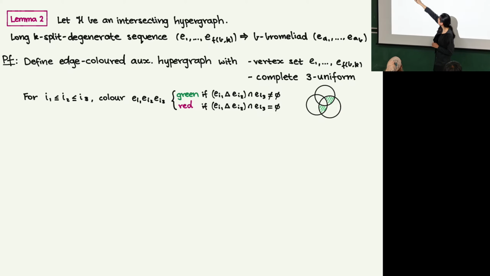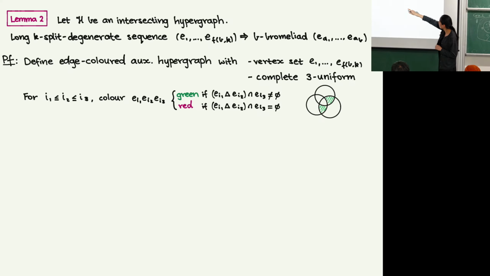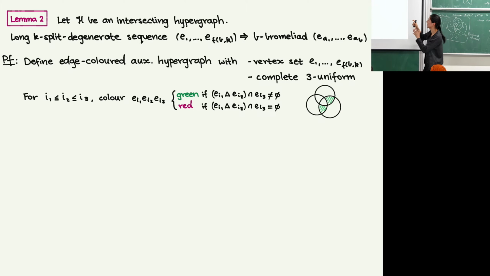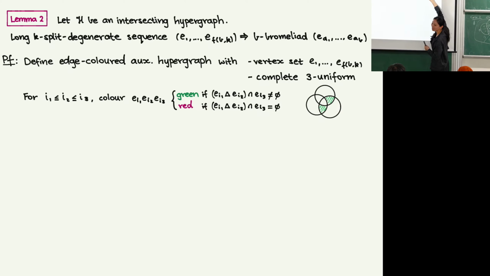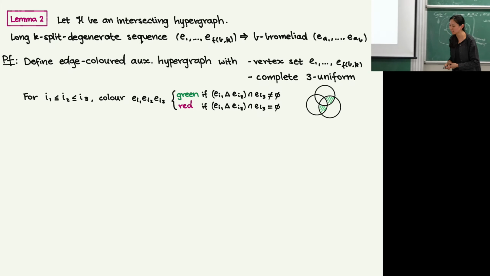If I have I1, I2, and I3 in this order, I'm going to color EI1, EI2, and EI3 green if EI1 symmetric difference EI2 intersect EI3 is non-empty. What that actually means is, if I take this as EI1, I2, I3, this is just referring to these shaded parts. If this is non-empty, I make it green. If this is empty, I'm going to make it red. Okay, so that defines some sort of coloring.